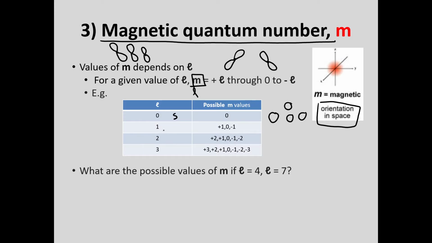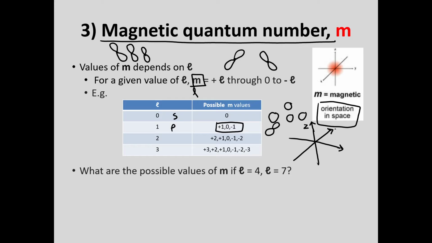While L equals 1, the shape is P, you have P orbitals. P orbitals, if you guys remember, is a dumbbell shape. So this dumbbell shape, we have 3 orientations. Why do we have 3 orientations? If you look, we draw everything in 3 dimensions. So in 3 dimensions, we use 3 axes, right?